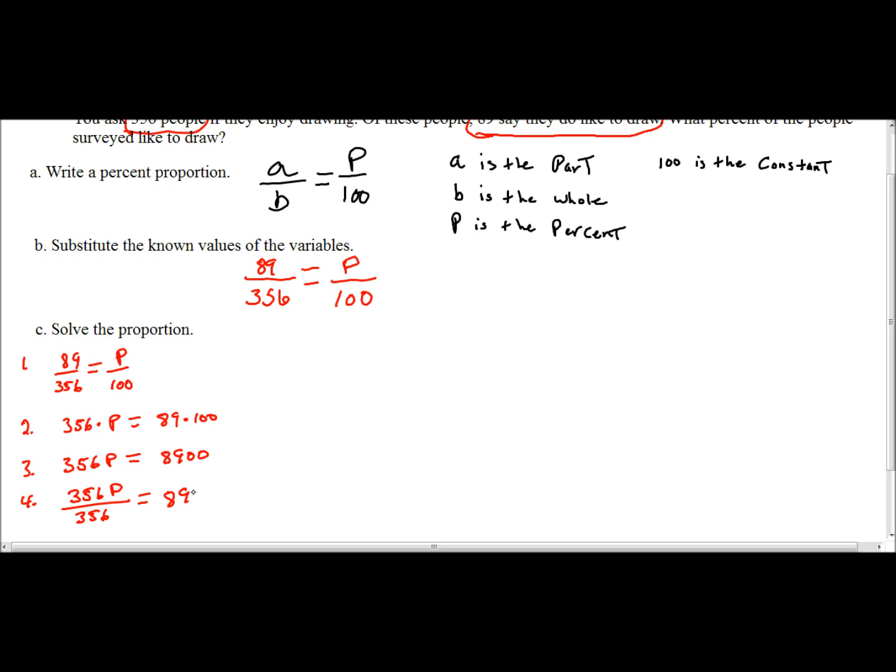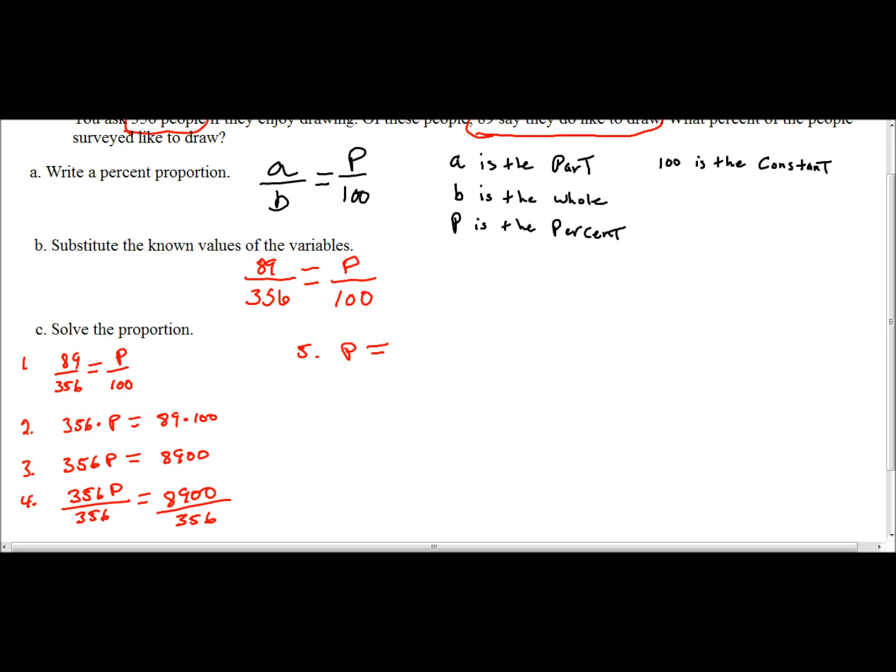And that'll be 8900, and that's also divided by 356. And of course step 5 tells us that P is equal to some number, and let's just go ahead and work that out so we can determine exactly what P is equal to.